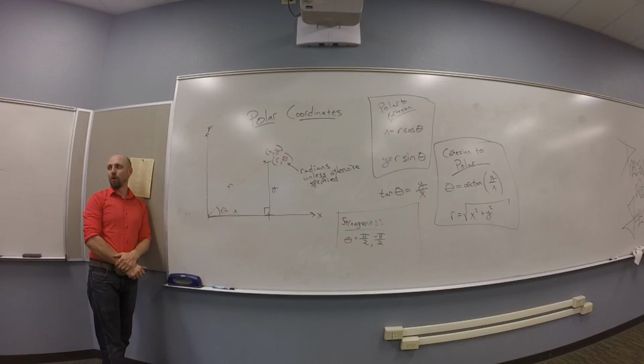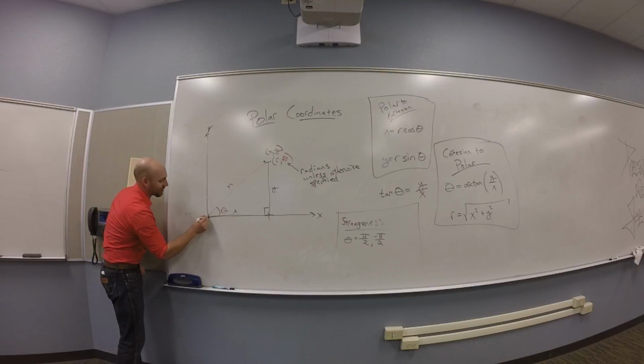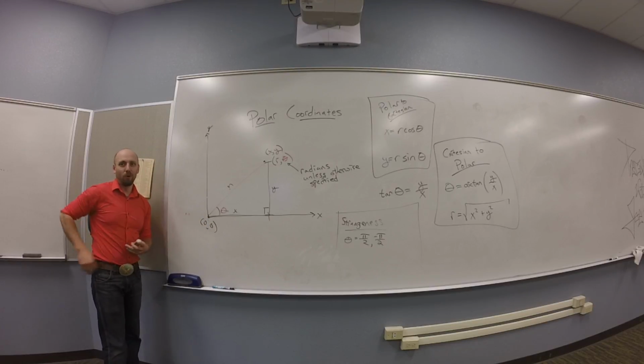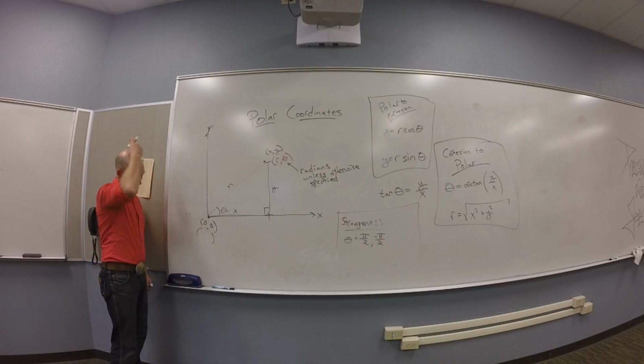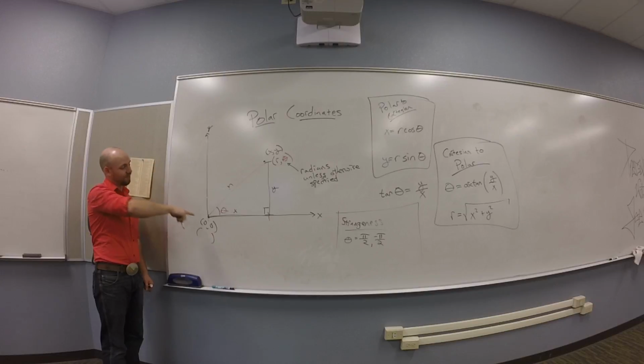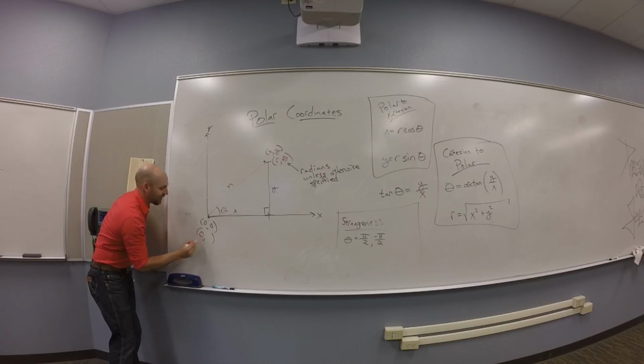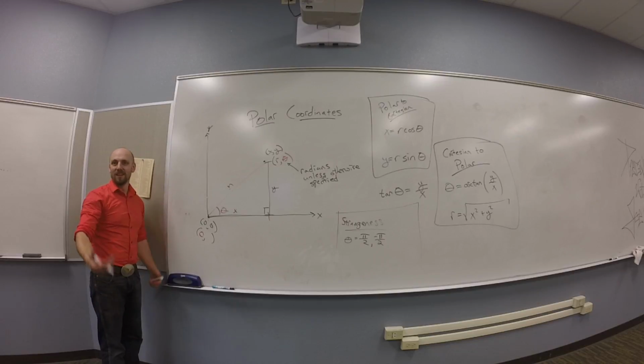But what's the polar coordinates for 0, 0? Cartesian is 0, 0. Polar is not 0, 0? Is it like 0, infinity? Well, definitely you're not going anywhere. It'd be zero and then any degrees.